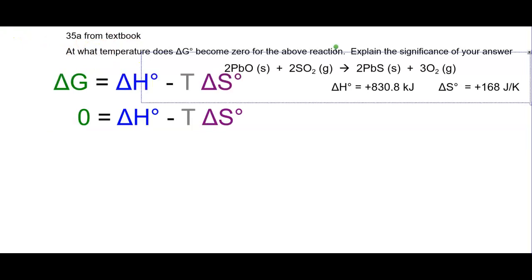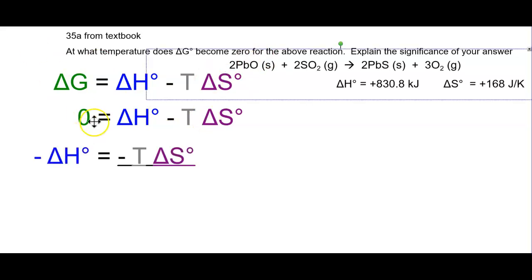So the first step here is going to be to place a 0 in for G, like it says here, when G becomes 0. Now we're going to solve for T. To do that, the next thing we're going to do is subtract delta H from both sides. Remember we're trying to get T by itself, so algebraically I'm going to rearrange.